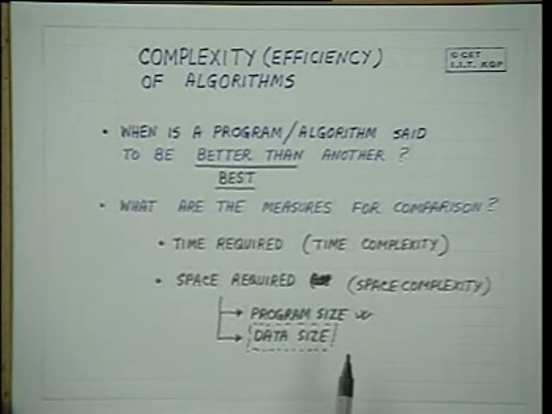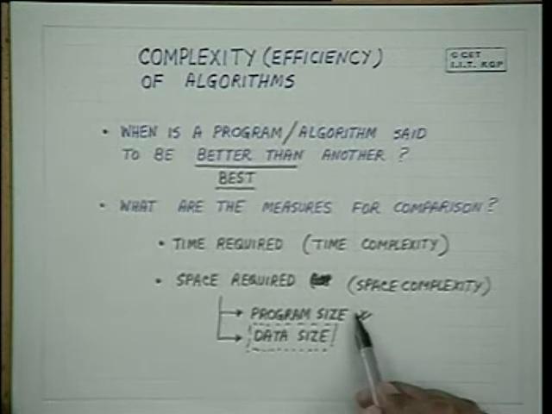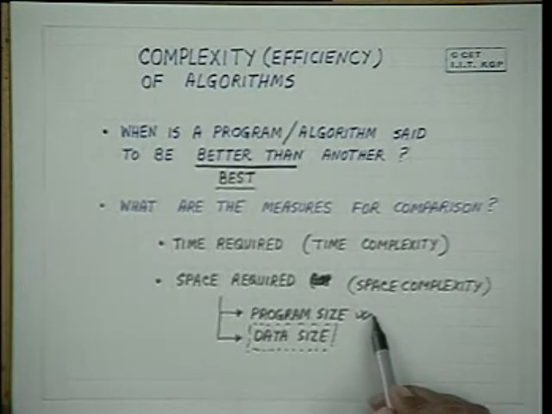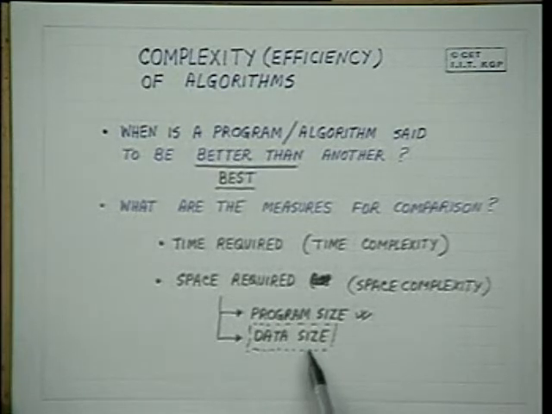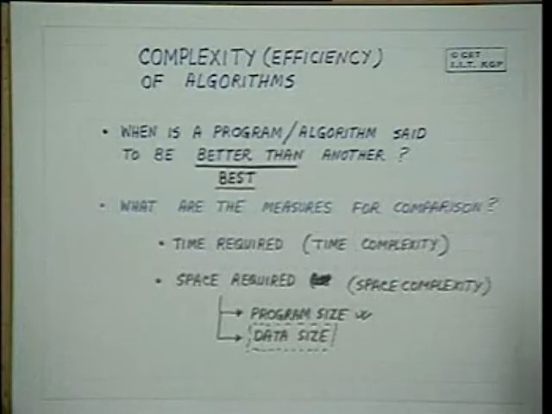It does not change with the input, because if you change the input, the program does not change, but the data size definitely may change with the input itself, because you may allocate dynamically according to the input. So these are the two important criteria used for measuring the complexity of a program. And using these two measures, we can compare two programs.